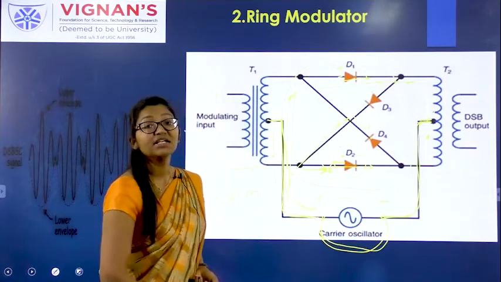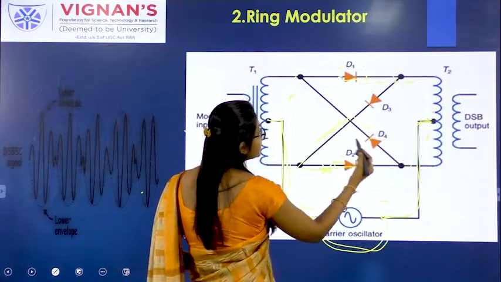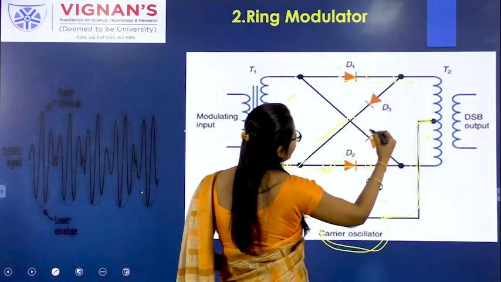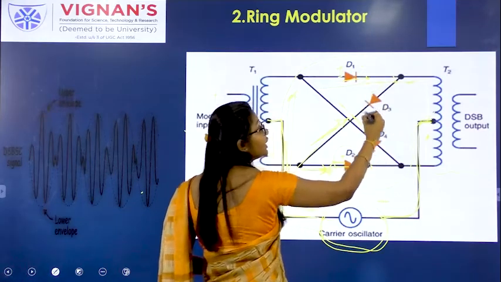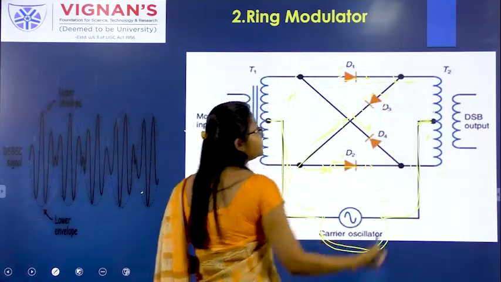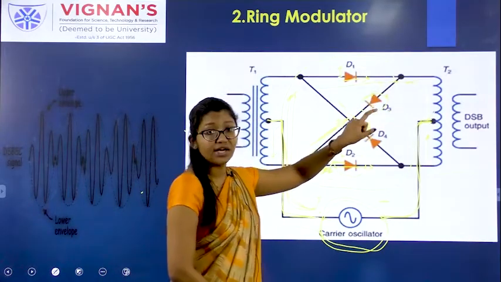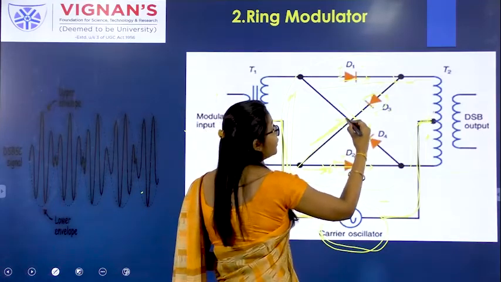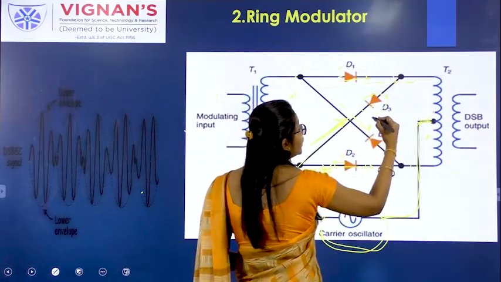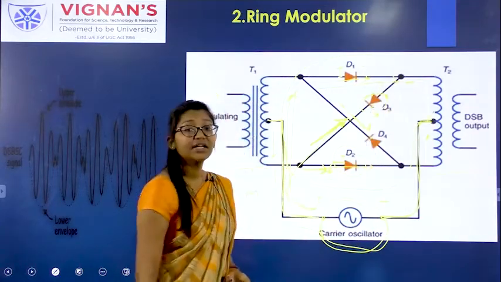But if you consider D3 and D4, here the D3 current is flowing like this, and for D4 it is flowing like this. D3 should get plus minus, but what we are getting here is minus and plus, right? This is the positive side. Here plus minus should be there, but D3 has minus plus.